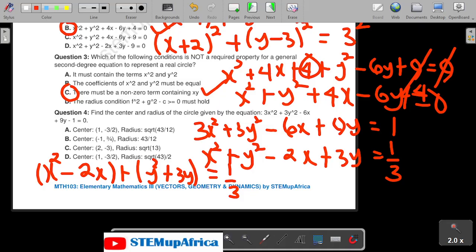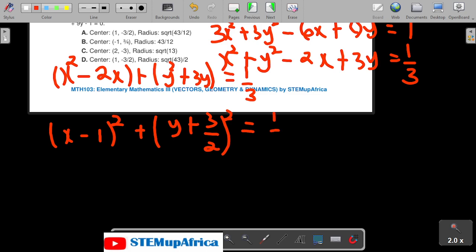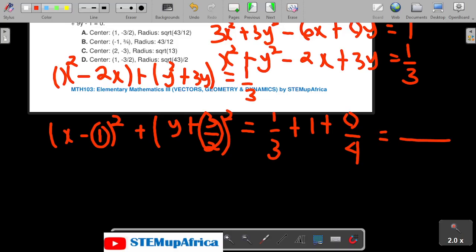If I apply the concept of completing the square here, I'm going to have (x minus 1) squared plus (y plus 3 over 2) squared equals 1 over 3 plus 1 plus 9 over 4. I'm squaring this and this. So the LCM here will give me 12.